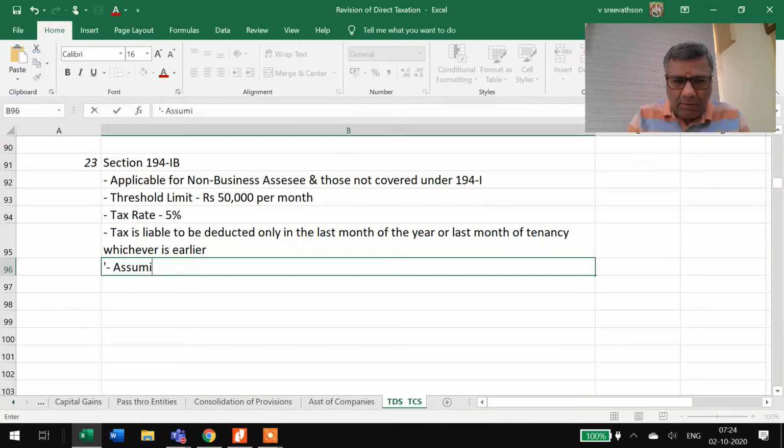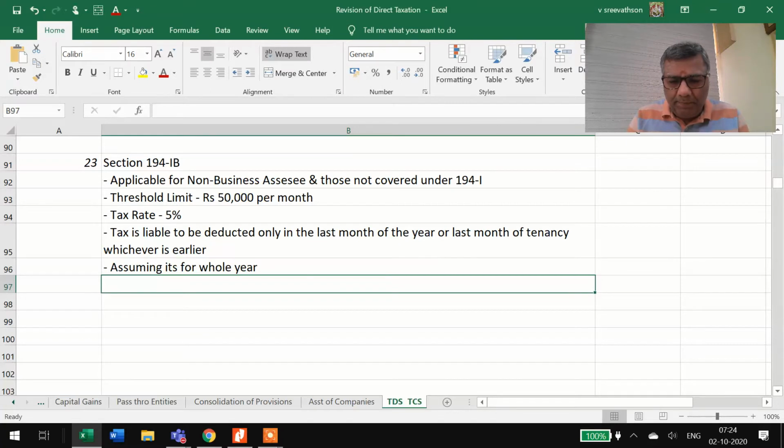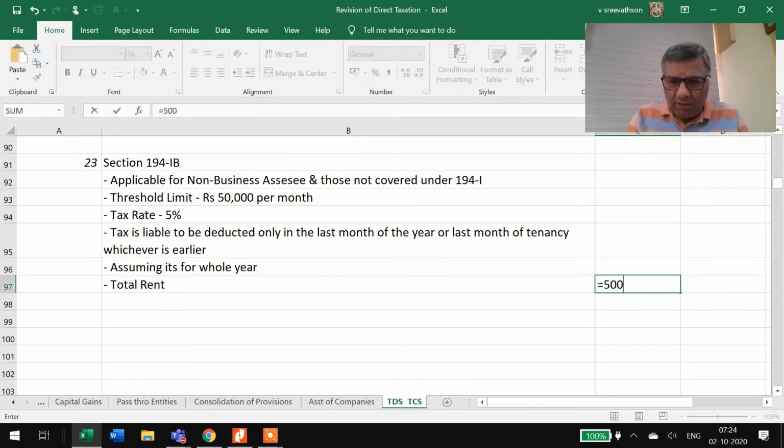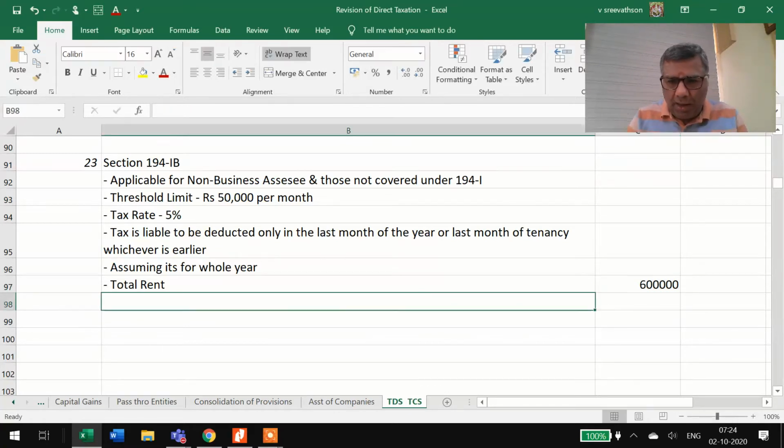Now in this case, assuming it's for the whole year, total rent 60,000 into 12, 7,20,000.